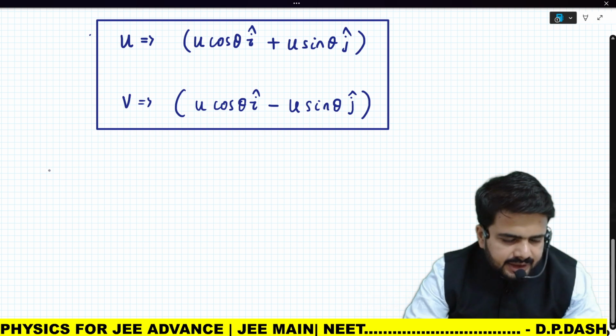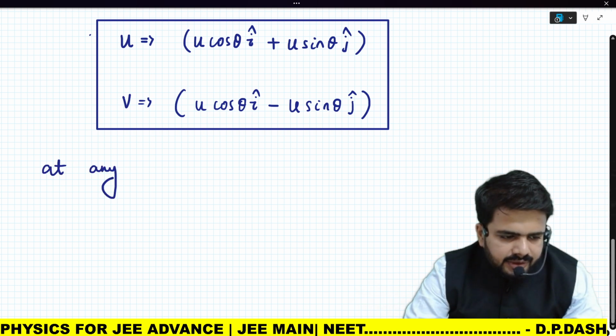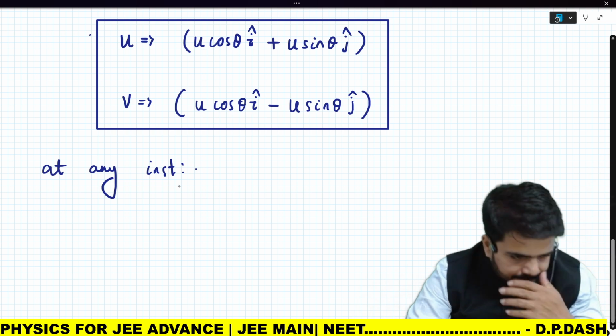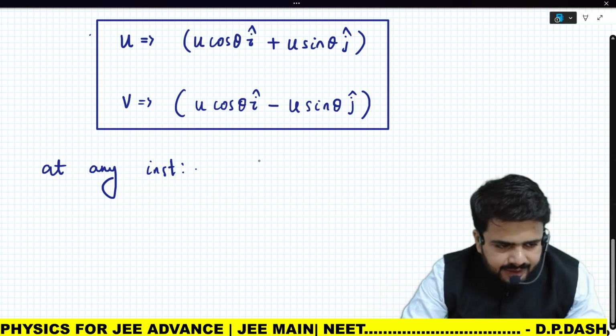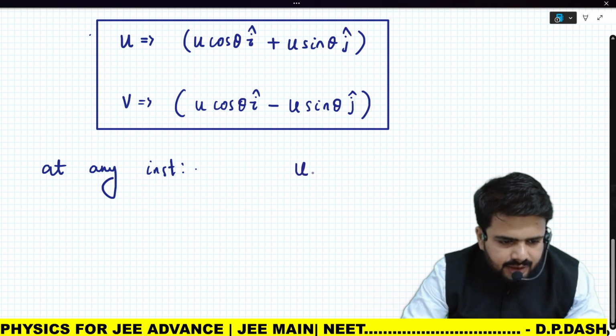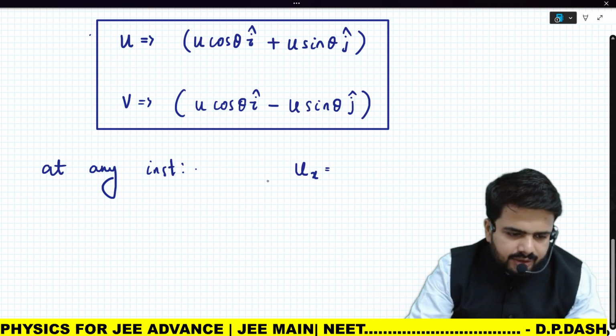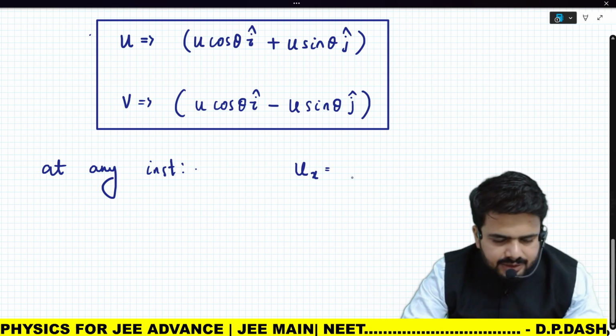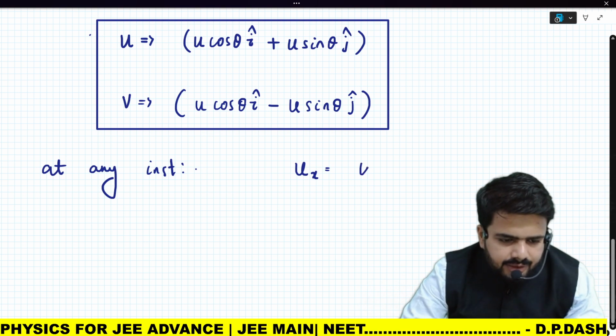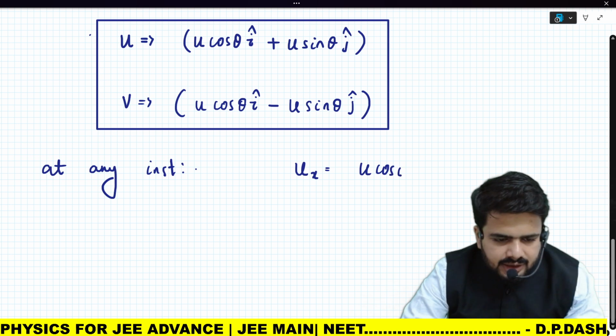Similarly, if you wish to find the velocity at any instant, we have the velocity along the x direction, that is ux, or you can simply write vx. It would be u cos theta i cap.